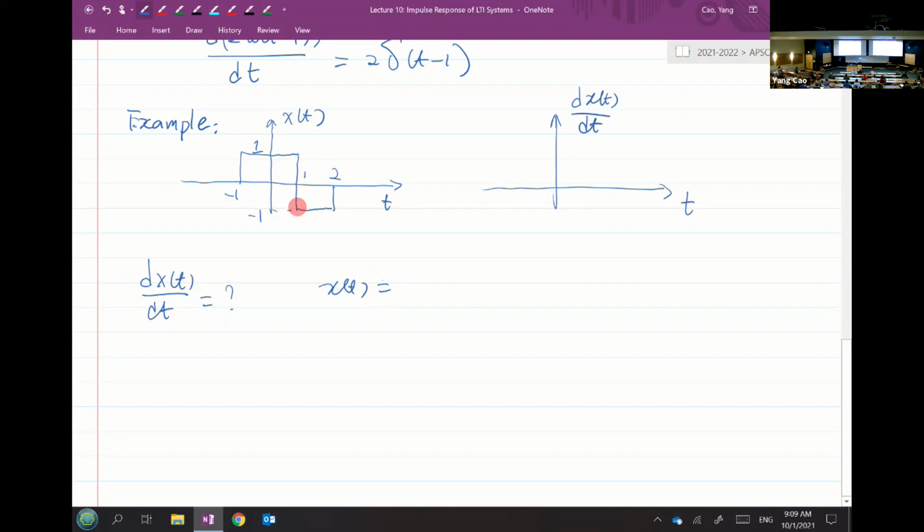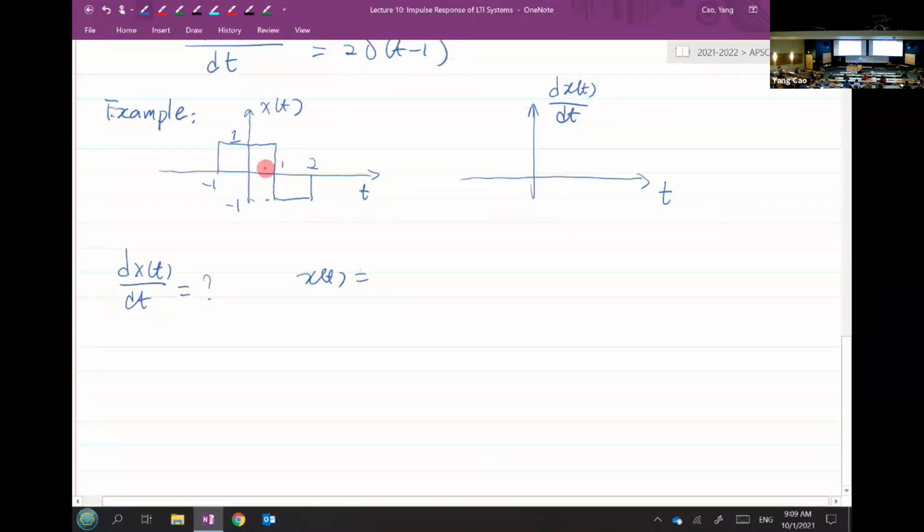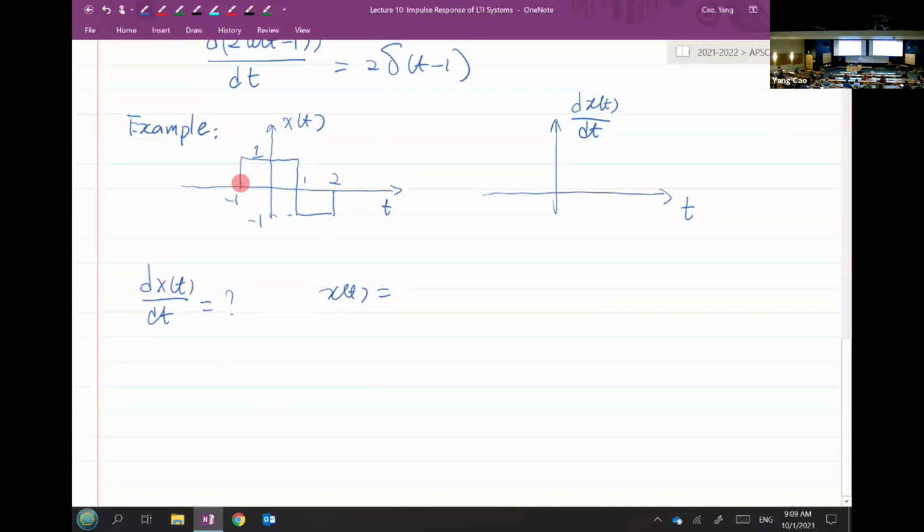So essentially the question is, how do I express each one of the boxes? In this case there are two boxes, one over here and one over here. Can we express each box using unit step functions, or can we express the whole function using unit step functions?